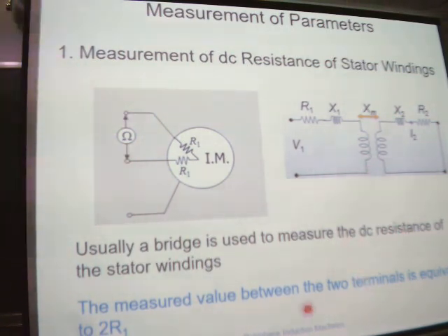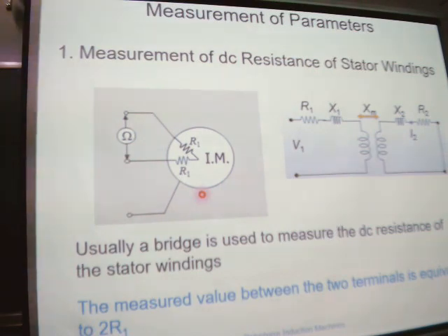However, the measured resistance is for DC current, but when the AC induction machine works, the current is alternating current, so there's a little difference from this value.